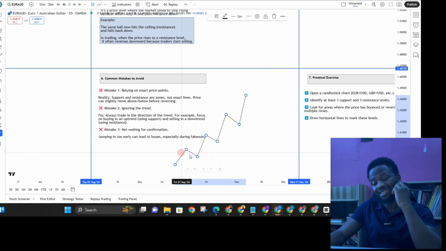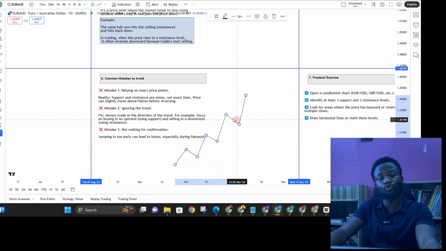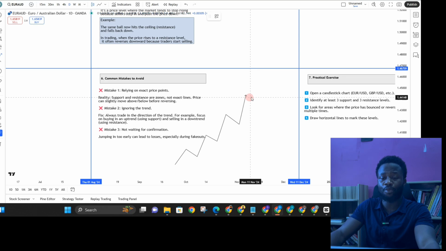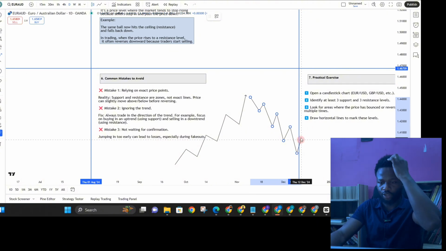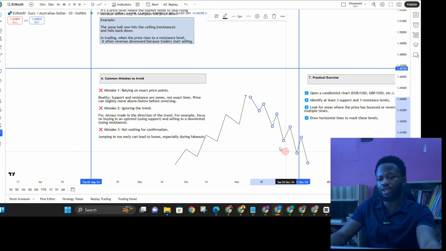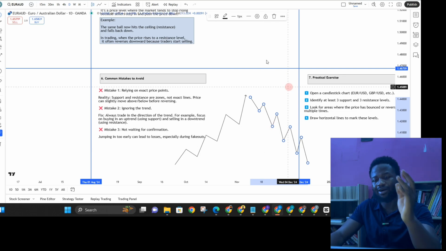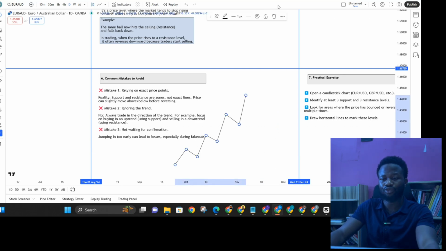Your mentality is to do what? Is to buy. If you want to sell, you will lose in the long run or just make some small money and suffer. But when the market is falling, you are seeing a structure. We are going to do more of structure in our live session. You are seeing more of a structure like this. Your mind is telling you to sell. That is the action to take.